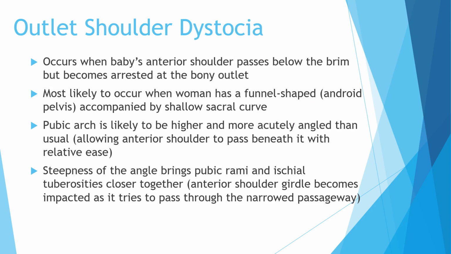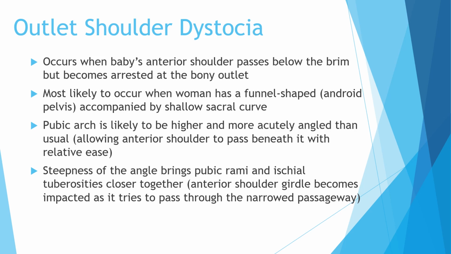Outlet shoulder dystocia, that more has to do with the outer brim of the pelvis. Those are when the shoulders are easier to grab and help rotate. Most likely to occur when a woman has a funnel-shaped pelvis, the android pelvis, accompanied by a shallow sacrum curve. So it's just that narrowed pelvic, the very end of the pelvis is just more narrowed.